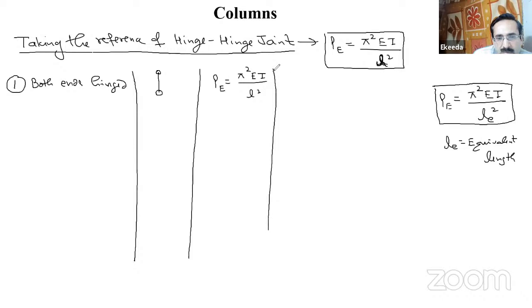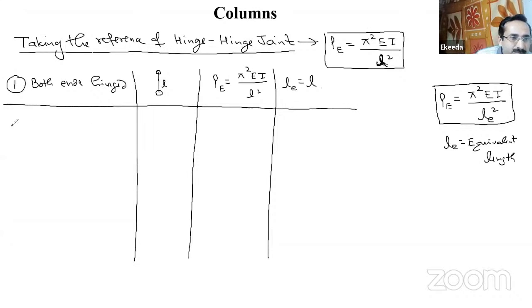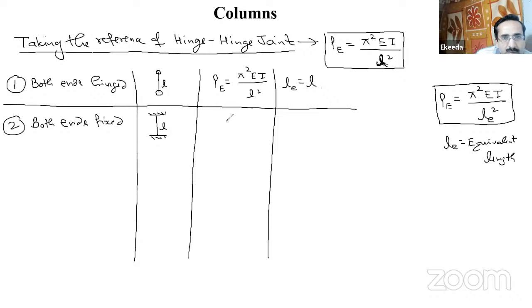In this case, if we compare, the equivalent length is nothing but the actual length of the column, which was L. If we take the second case, where both ends are fixed like this, and L is the actual length of the column, Euler's load was given by 4 pi square EI upon L square.